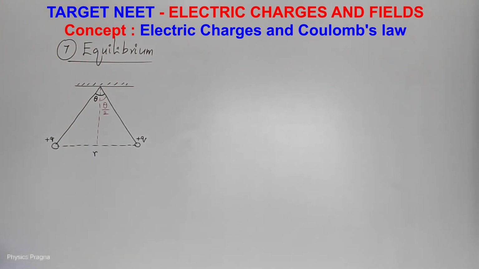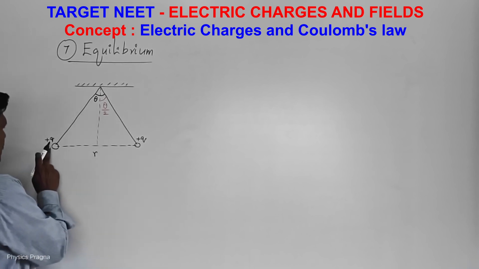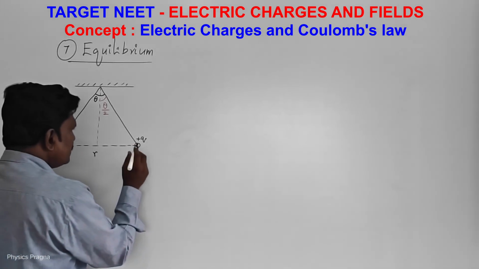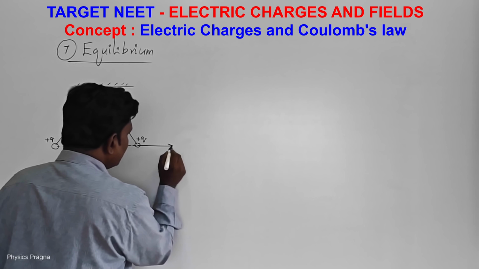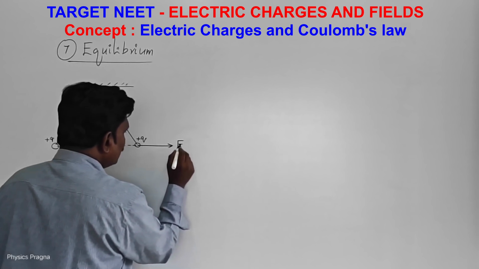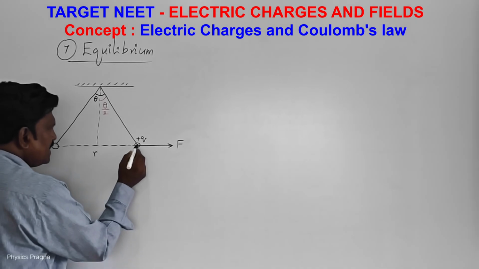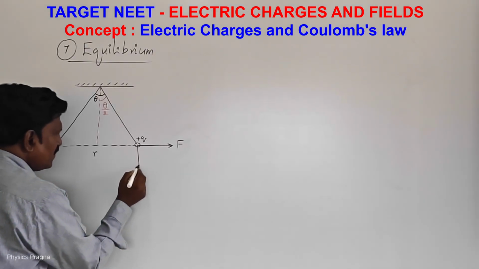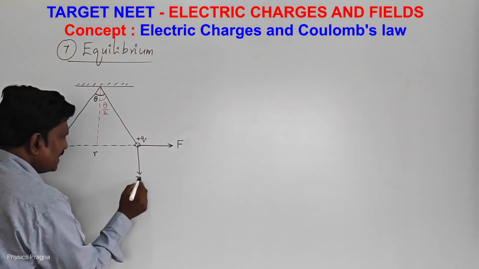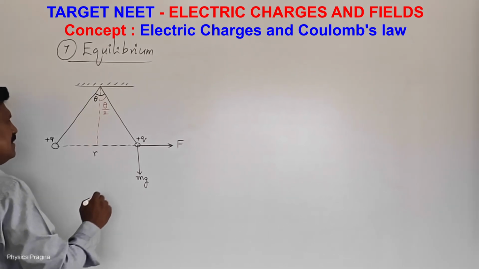So what are the forces acting on this? See, this positive charge will repel this positive charge in this direction. This is the Coulombian repulsive force. As the bob has some mass, the weight of the bob acts in this direction.